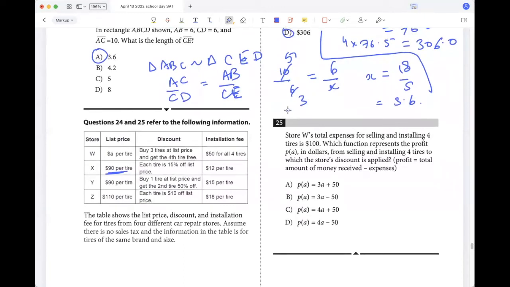Okay, so total expenses for selling and installing 4 tires is 100, right? Okay, so then that would be expenses for 4 tires is 100. Okay.